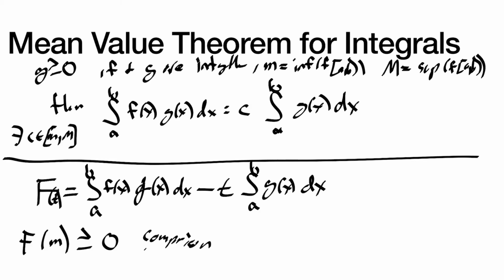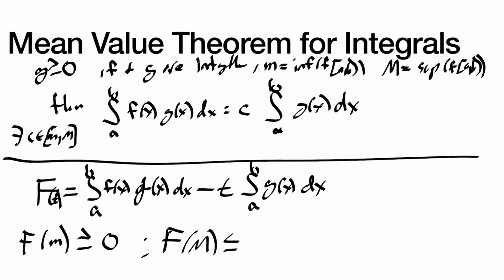And this is because of the comparison theorem, where we're comparing f of x, g of x to the minimum value times g of x. Now notice it is important that g is always positive, because this comparison might not be true if g isn't always positive. Okay. So notice that the minimum value is always less than 0.